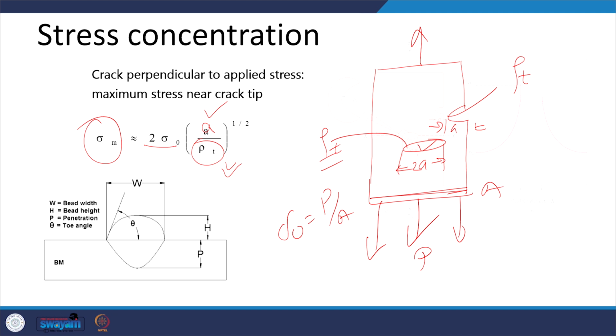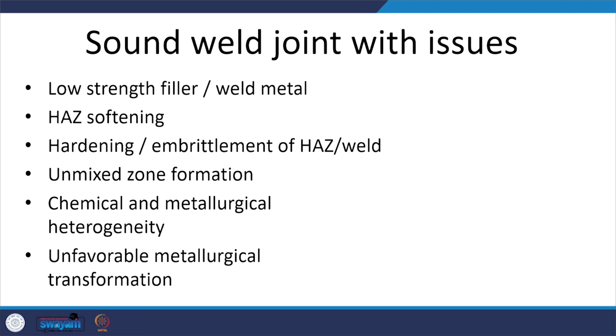So, greater A means greater reduction in load resisting cross sectional area, and a greater and sharper crack tip means greater stress concentration. That is what we can also see in weld joints: when the bead angle is too high, it causes stress concentration at the toe of the weld.